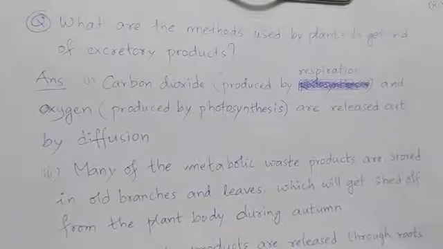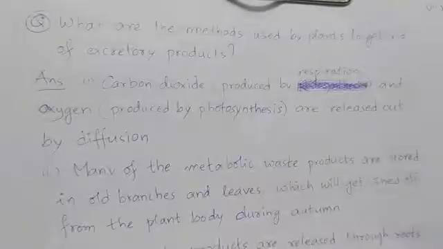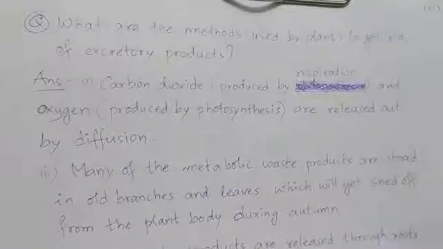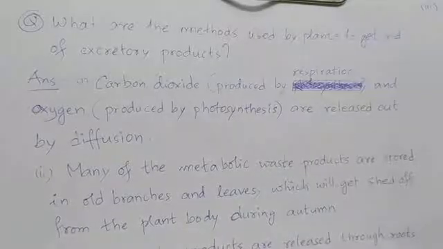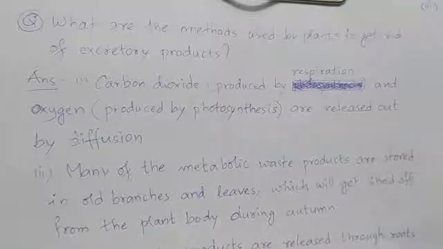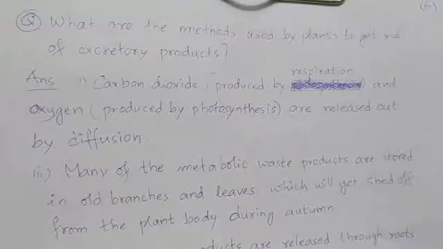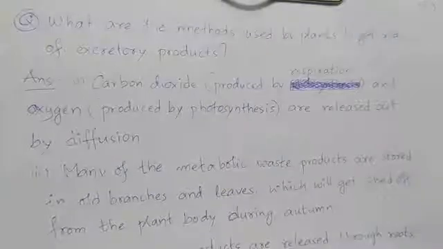By respiration, carbon dioxide is released, but in respiration, does carbon dioxide get used? No. It is only released by respiration. So, carbon dioxide is the excretory gas in the respiratory process.